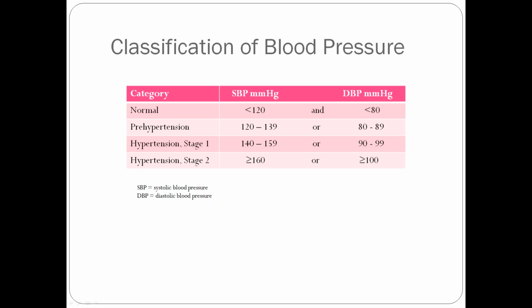Stage 1 hypertension is a systolic blood pressure 140 to 159 or a diastolic blood pressure of 90 to 99. And stage 2 hypertension is a systolic blood pressure that is equal to or greater than 160 or a diastolic blood pressure of greater than or equal to 100.